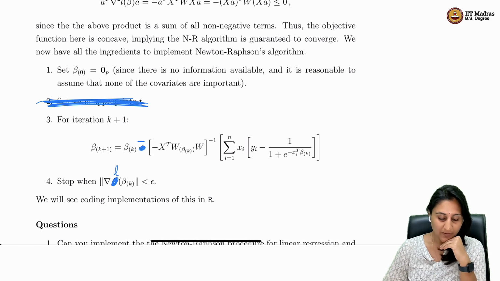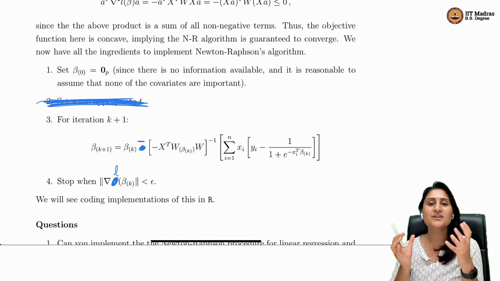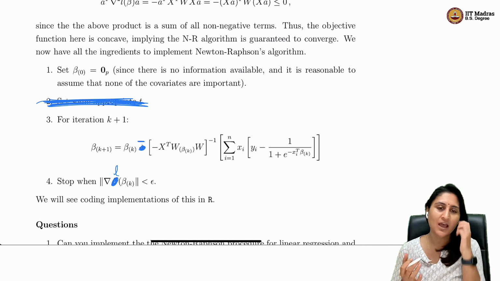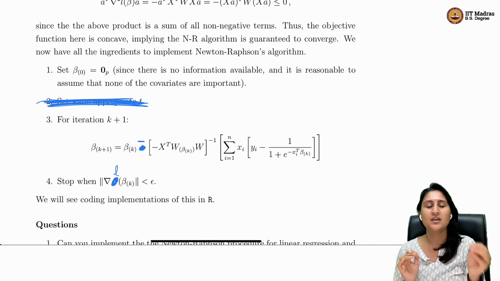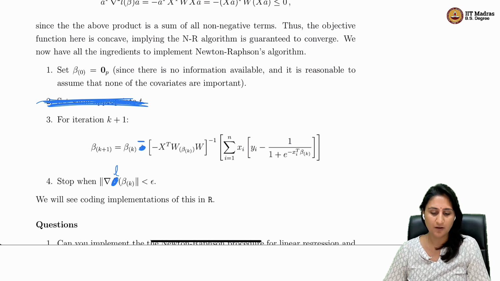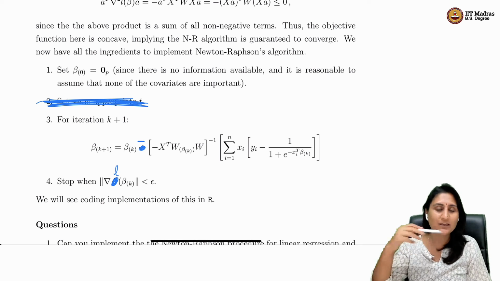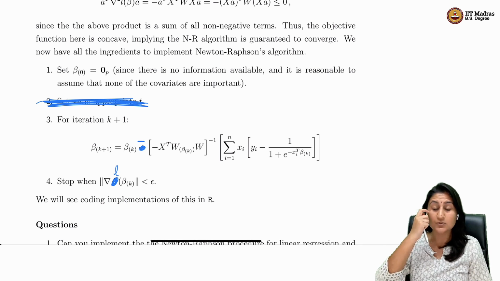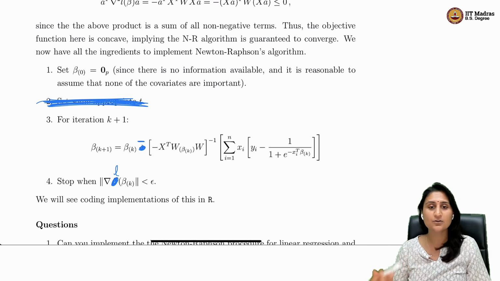But when the norm or the size of the gradient vector is smaller than some bound, I'm going to stop and say this is my estimate of the beta regression coefficient in the logistic regression example. Right? Now I know all of these quantities. I know my x, I know my w's, I know my y's, my xi's, and the beta k, the current iterate. So I can keep going and iterating these things. Okay, so we'll see in the next video a coding implementation on a real data set for this as well.